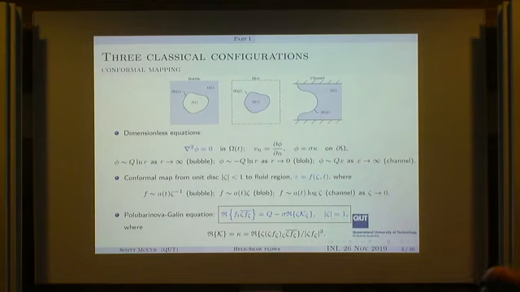Now, I haven't included any detail here, but you can reformulate this problem as one of these equations here, which is the PG equation. In effect, what you do is you try to get that kinematic condition, which is saying that the normal velocity is equal to d phi dn.